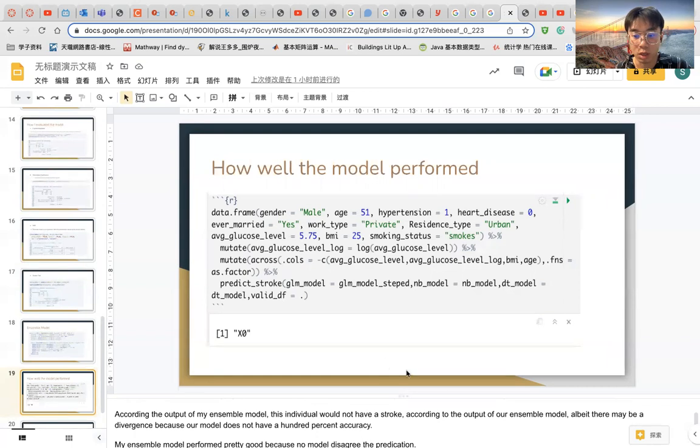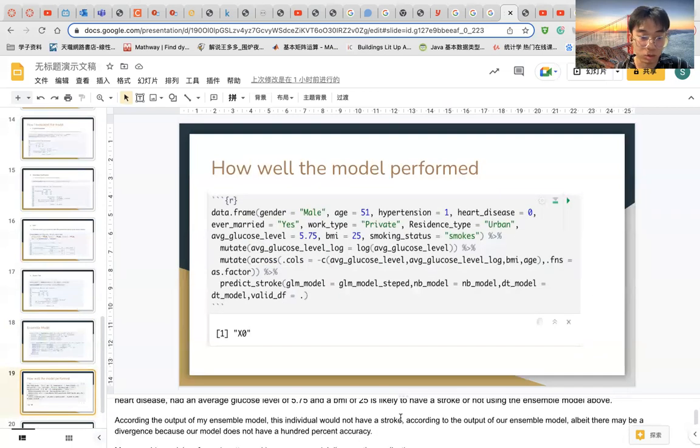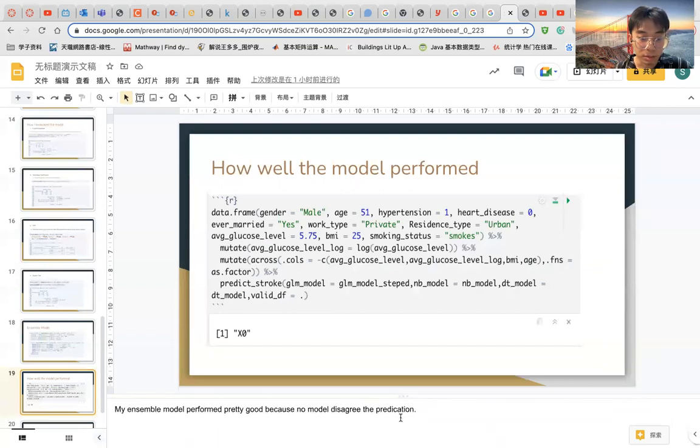The output is 0, which means there may be a divergence because our model does not have 100% accuracy, but based on our ensemble model, the patient would not be likely to have a stroke. And my ensemble model performed pretty well because no model disagreed with the prediction; all three models had the same result.